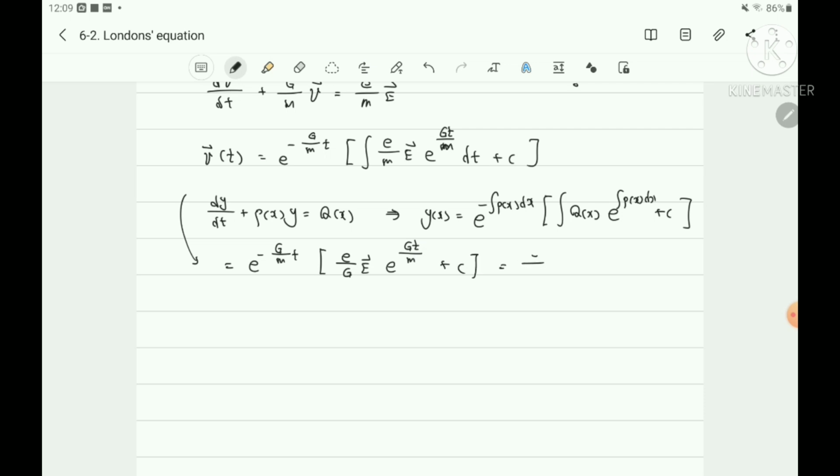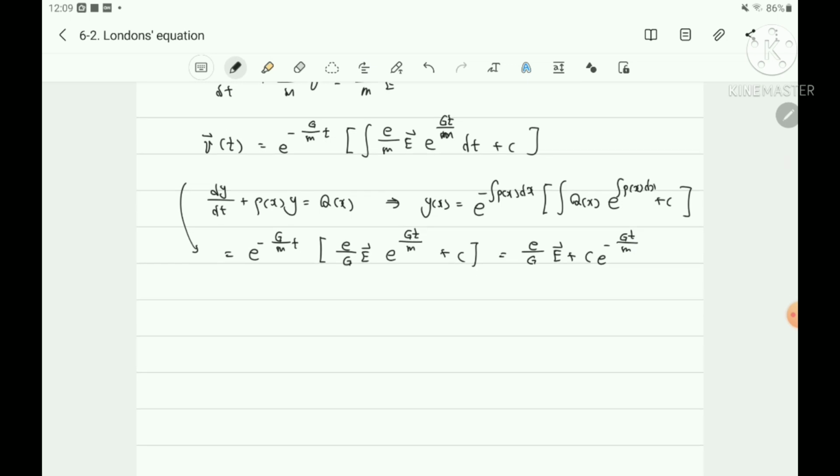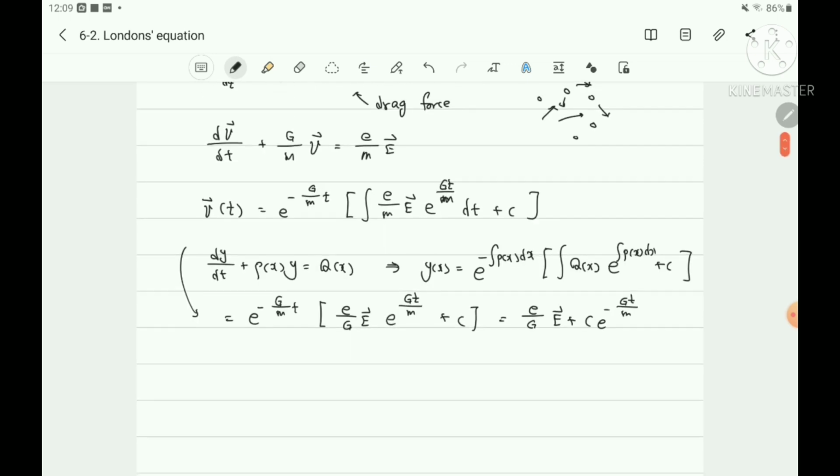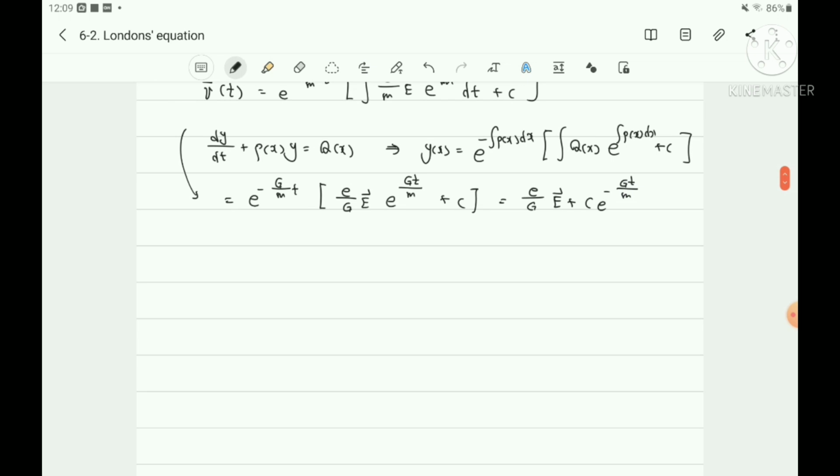Therefore, v(t) is e over g E plus c exponential minus gt over m. It is the solution for the velocity of electrons. And here, let the relaxation time be m over g, and the initial condition at t equal to 0, the velocity is 0. Then this initial condition says that c is minus e over g E.